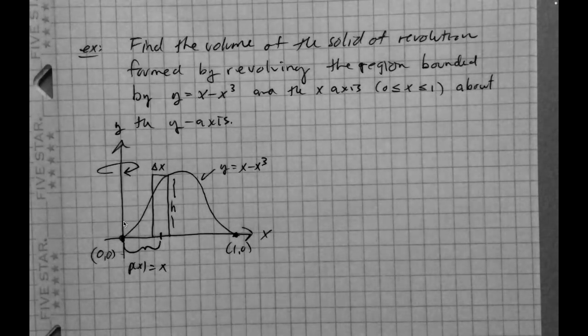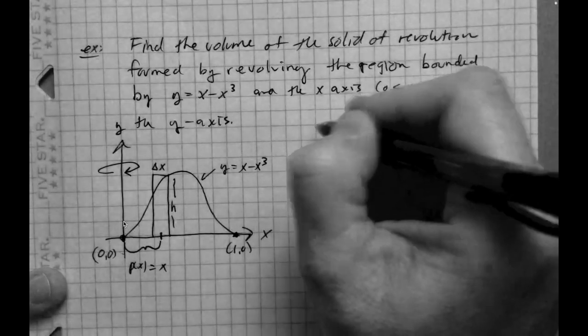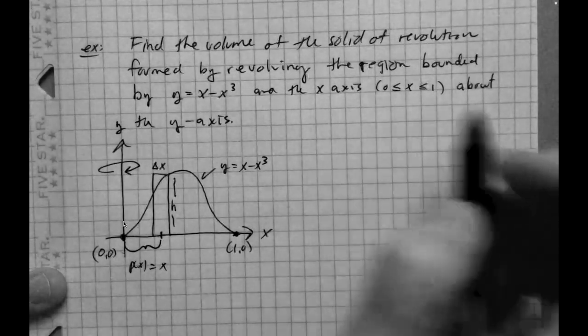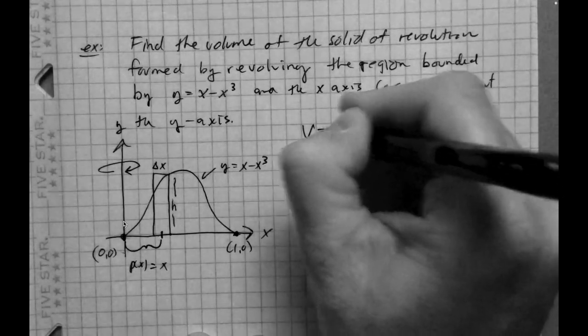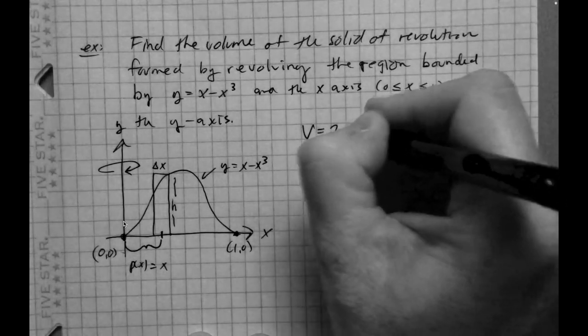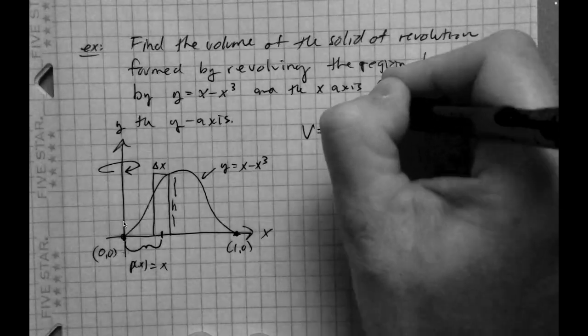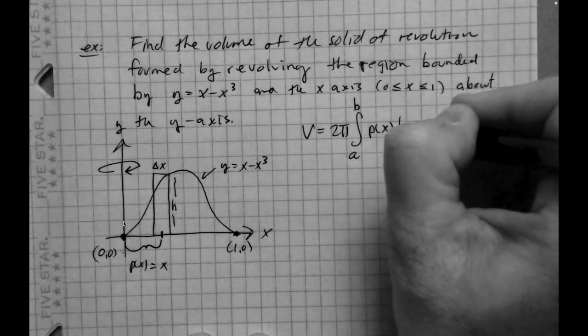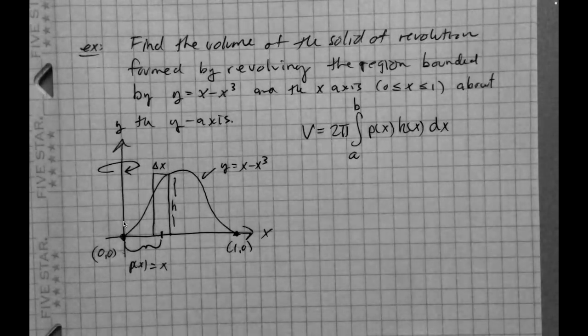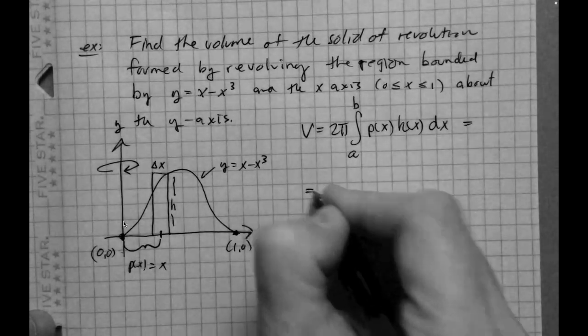All right, so we've got all of our pieces. So I think we can set up our integral now. The volume is going to be equal to 2 pi times the integral from a to b of p of x, h of x, dx, right? And so what are all of these pieces?